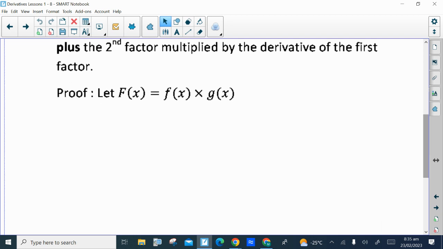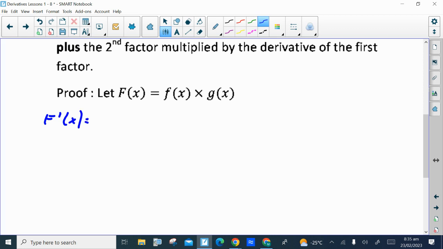Capital F at x is f at x times g at x. So we can find an expression for the derivative, capital F prime x. And we can do that by using that limit formula that we used when we first started derivatives.